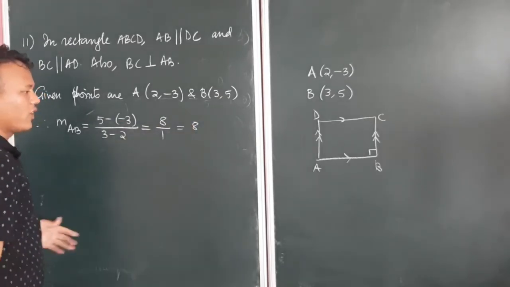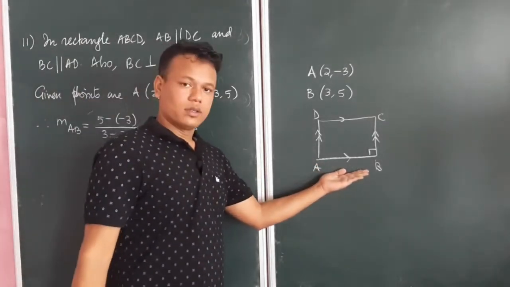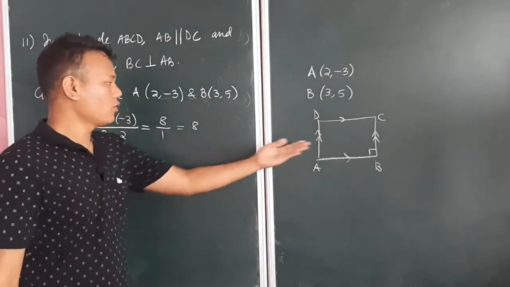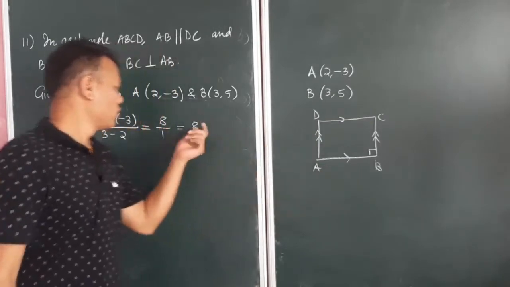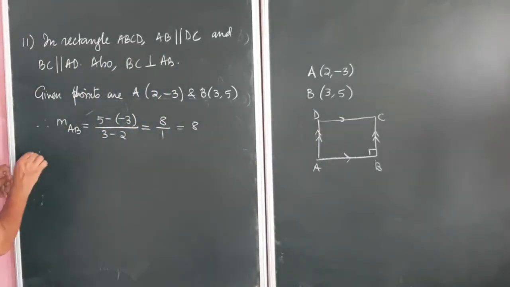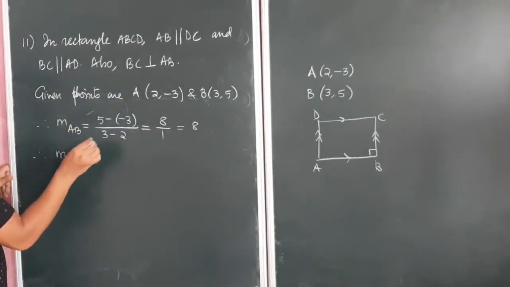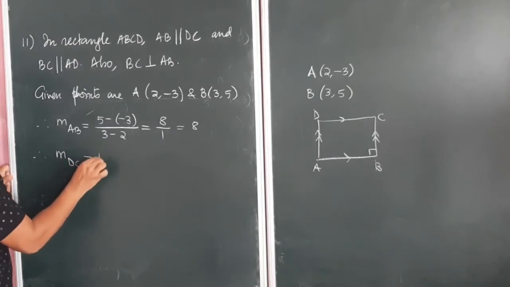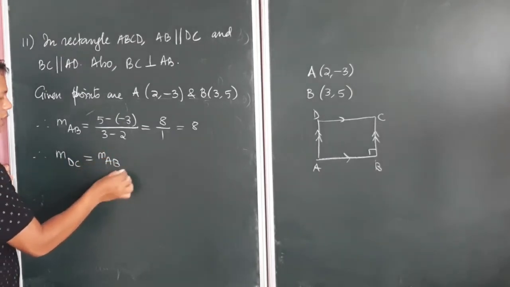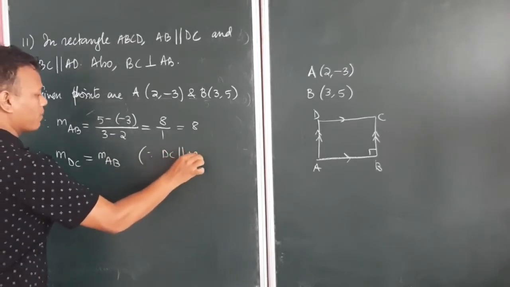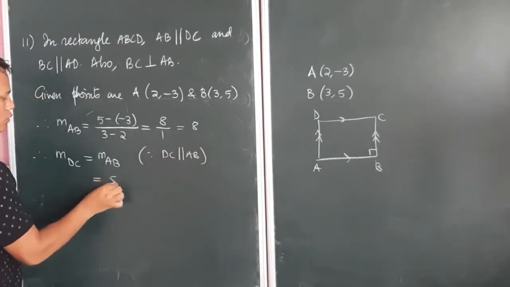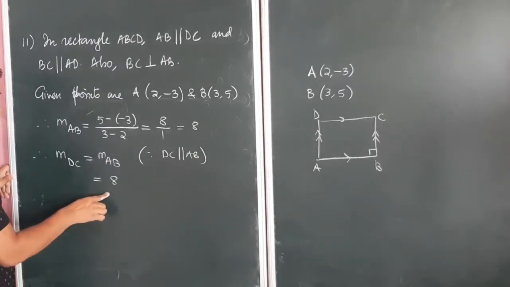So the slope of AB is equal to 8. Automatically the slope of DC will be equal to 8, right? So slope of DC will be equal to slope of AB. Why? Since DC is parallel to AB, and this is equal to 8. So this is one of my answers.